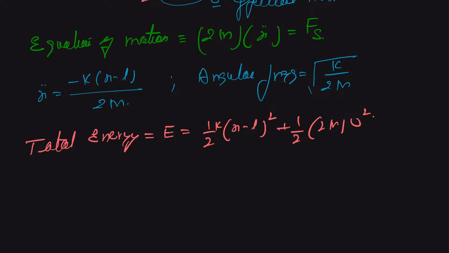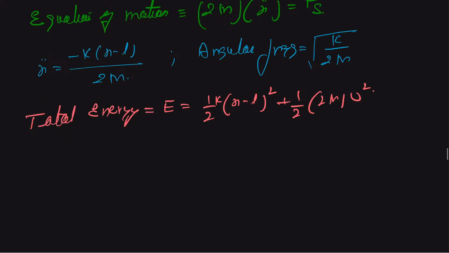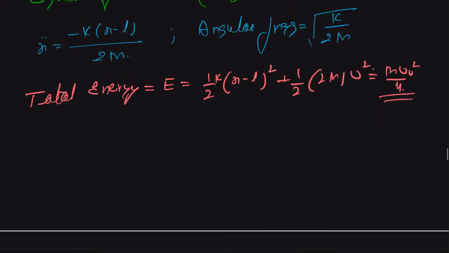And we can say that this is equal to m v naught square upon 4. This energy will be nothing but a constant. Okay, so most of the things are sorted out.